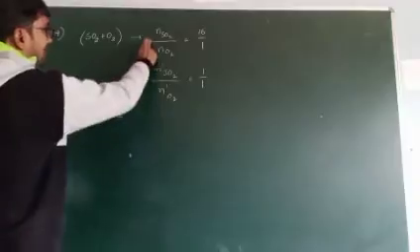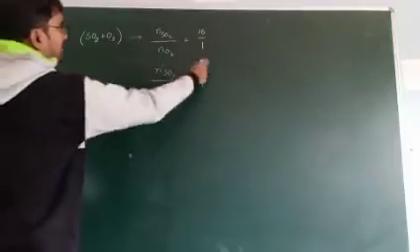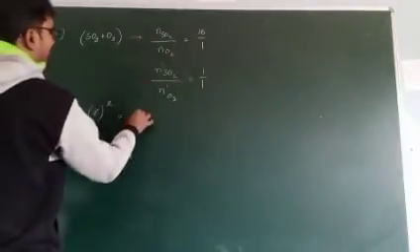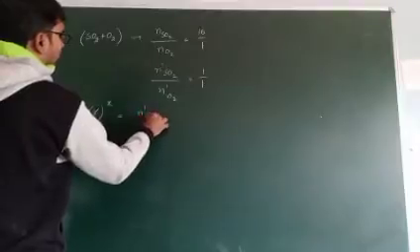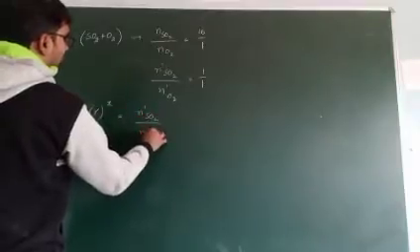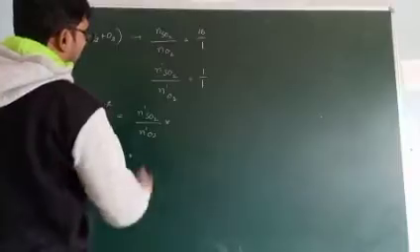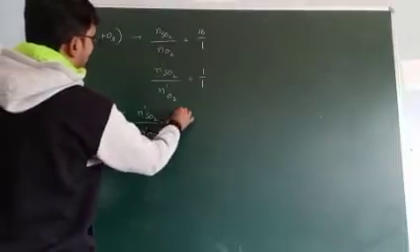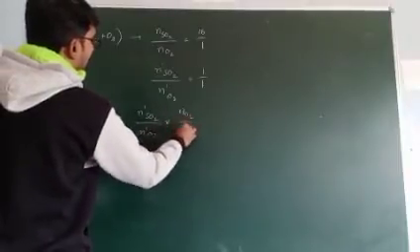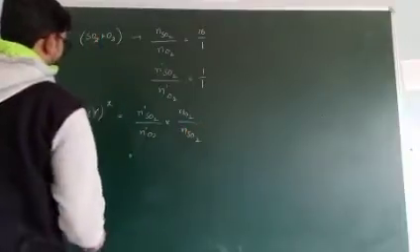After 3 times, this value is coming. So that's why write this one first: N dash SO2 by N dash O2 is equal to, and this value is reversed, so NO2 by NSO2. Okay.